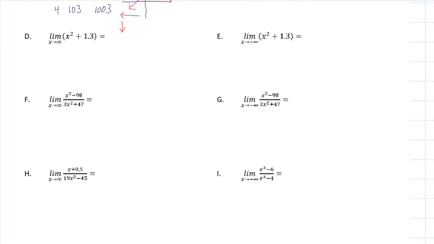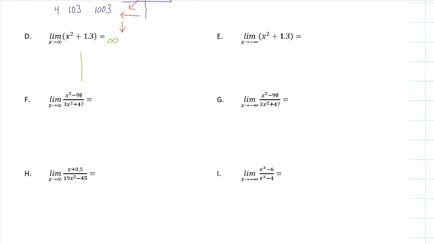Same thing with letter D. It's a parabola. How do I know that? Because it's x squared plus 1.3. So in this case, again, if you plug in infinity, infinity squared is infinity. We can't ever reach infinity, but that's what can go through your mind here. Infinity is not a number, but if you plug in very large numbers and square them, they just get bigger and bigger and bigger. So this thing has to be going towards infinity.